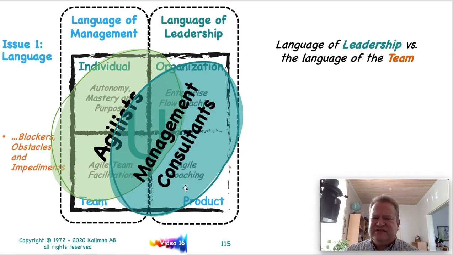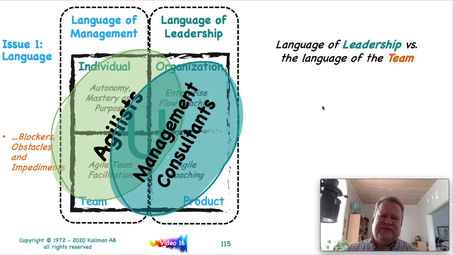And so this is one of the first friction points in trying to get Agile scaled, is that everyone working on the right hand two boxes is speaking a different language and they have a different worldview and philosophy on how to get work done. And management consultants have been doing this for decades, if not half a century or more. I think it's even closer to 100 years. Agilists have only been around for 20, and so they have a lot of catch up to do.